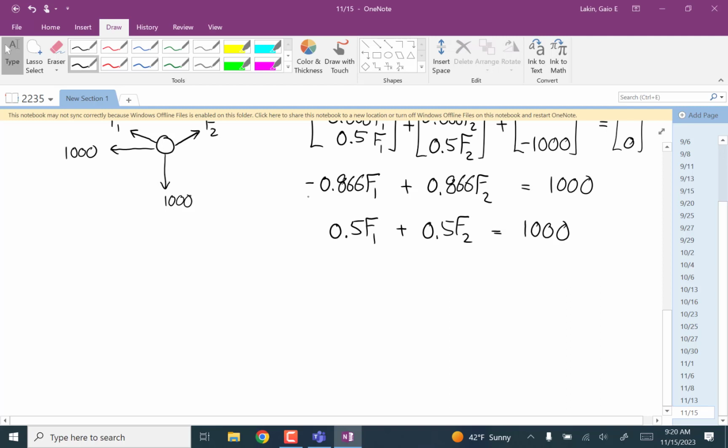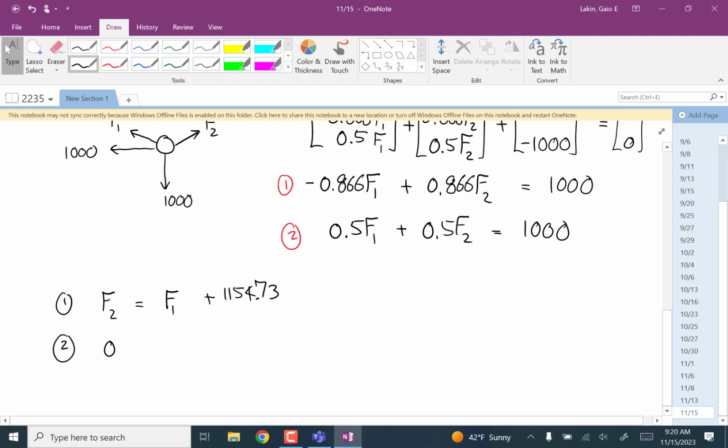So I'll call this equation 1 and this equation 2. From equation 1, we can see that F2 is equal to F1 plus 1154.73.